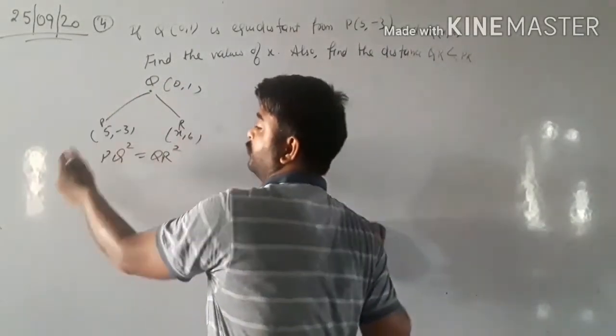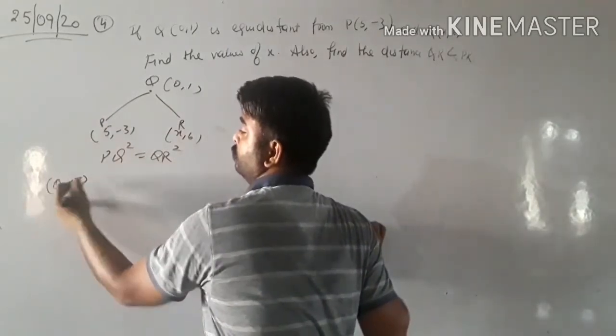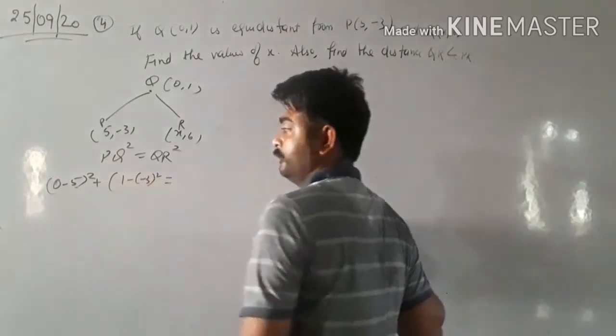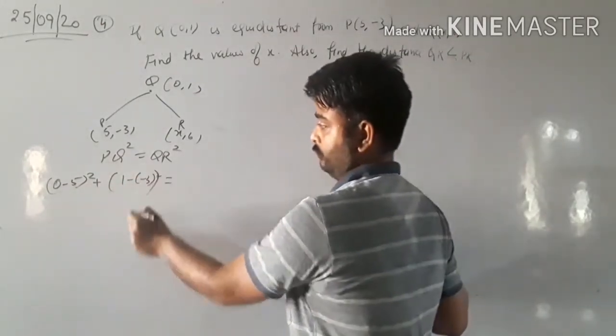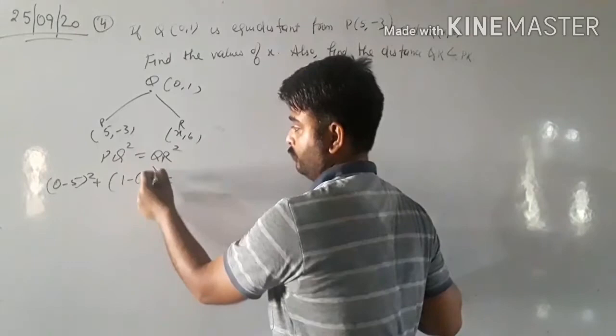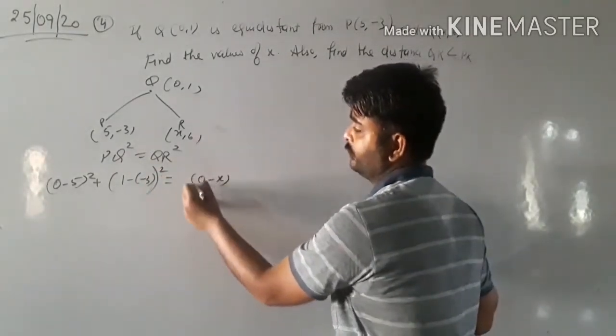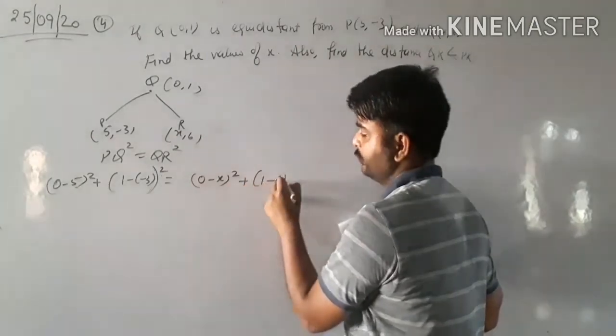Now (0 minus 5) whole square plus (1 minus 3)... wait, plus (1 plus 3) whole square equals (0 minus x) whole square plus (1 minus 6) whole square.